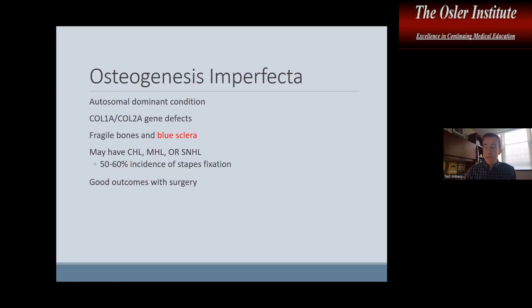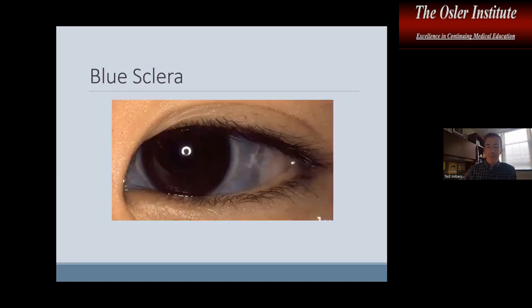And there's a wide variety of types of hearing loss with this. It could be purely conductive, mixed, or even sensorineural. The majority of these will have some form of stapes fixation, and they oftentimes will do still pretty well with classic stapes surgery. And this slide just illustrates that classic blue sclera finding on exam.